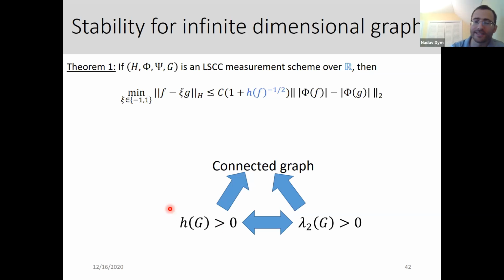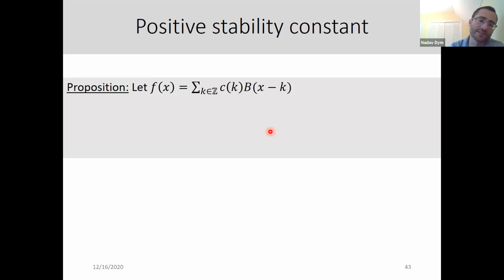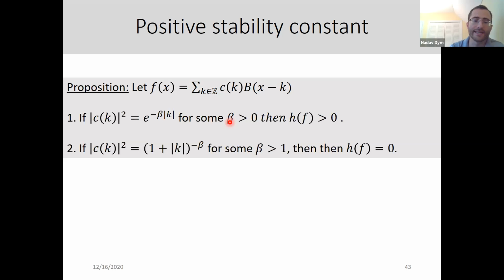Right. So the question is, at least from our perspective, when can we get a positive Cheeger constant? It turns out, these are just two examples, but if you take signals in this space and you have a uniform exponential decay, so the signals decay exponentially with some rate beta, then you get a positive Cheeger constant. But if the decay is polynomial, then the Cheeger constant will always be 0.